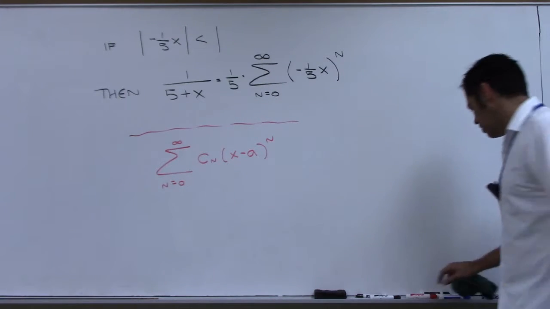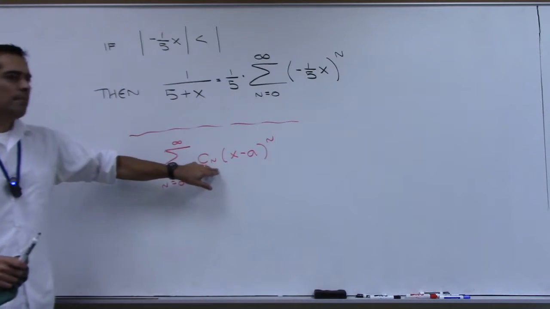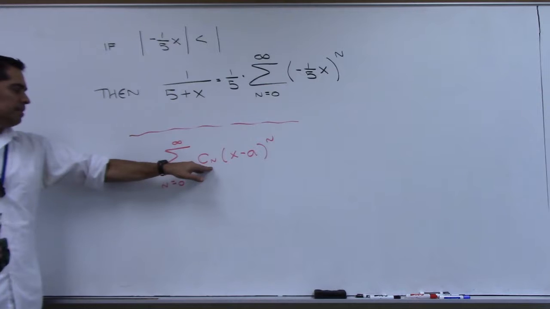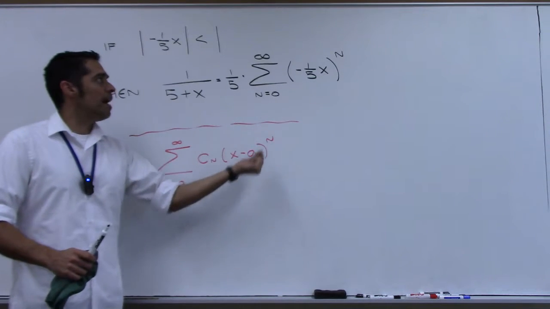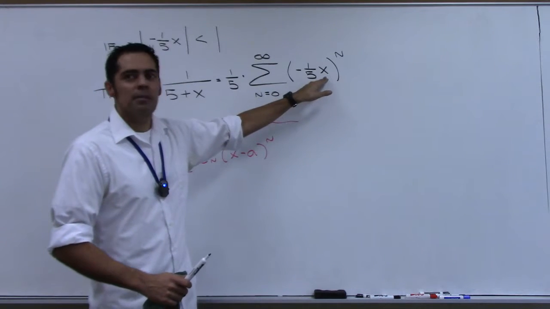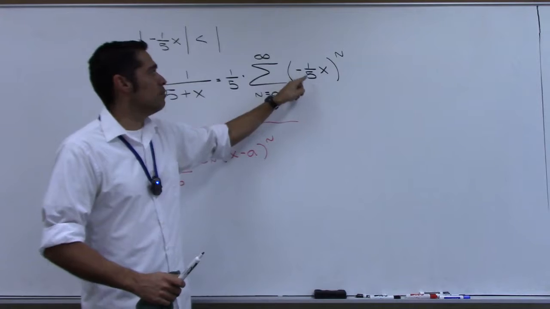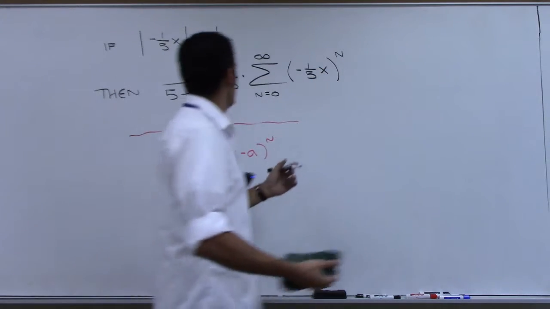So what we try and do is we try and peel off the part that's the number that's going to keep changing. Possibly it might be the same the whole time. And then we want our x minus a constant to the n power. Right here, I don't have x minus a number to a power. I have negative 1/5 x, don't I? So what I'll do is I'll peel that apart first.